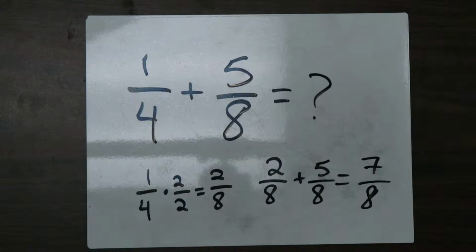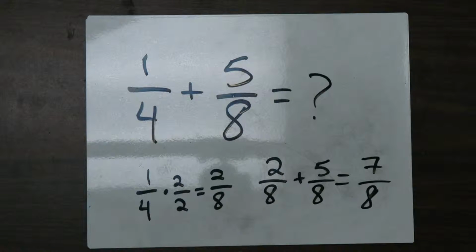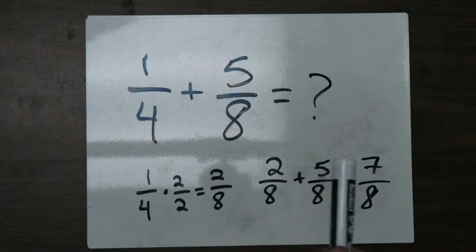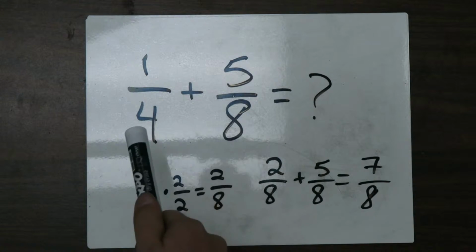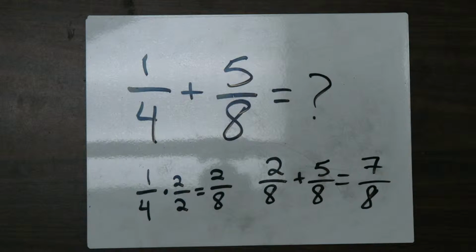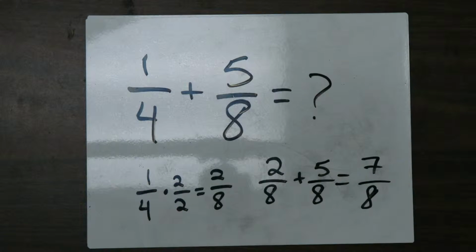Here's one more example, 1/4 plus 5/8. Again, they don't have the same denominator, but I don't have to draw my chart and find the lowest common denominator, because I know with proper number sense that 8 is a multiple of 4. So all I have to do is change 4 into 8 and then I'll have the same denominator.